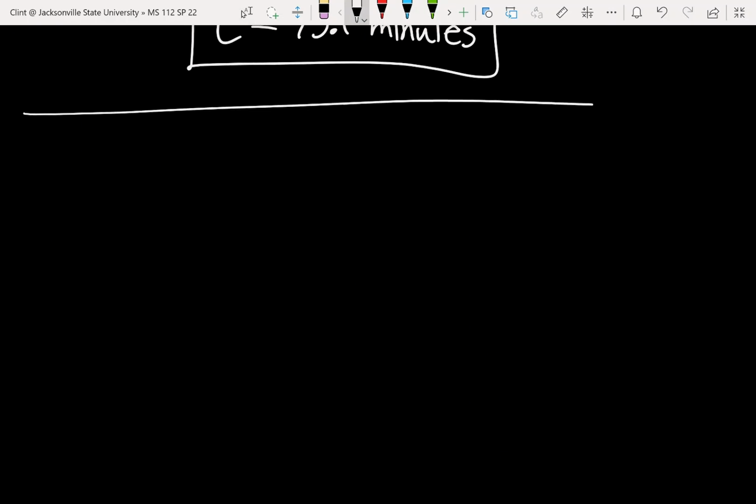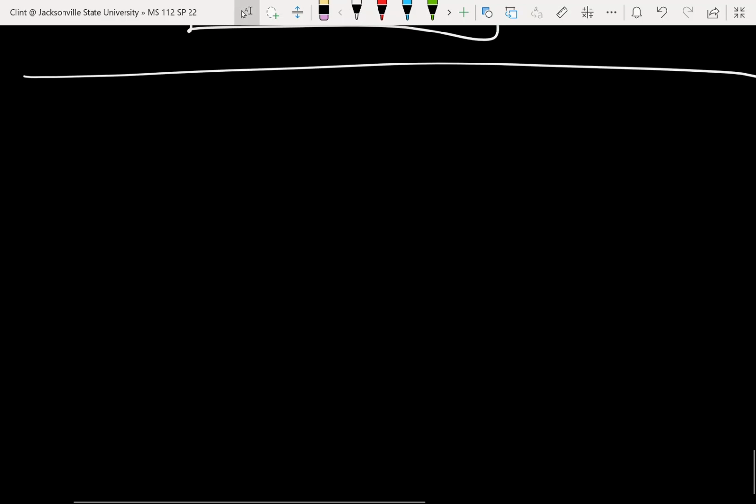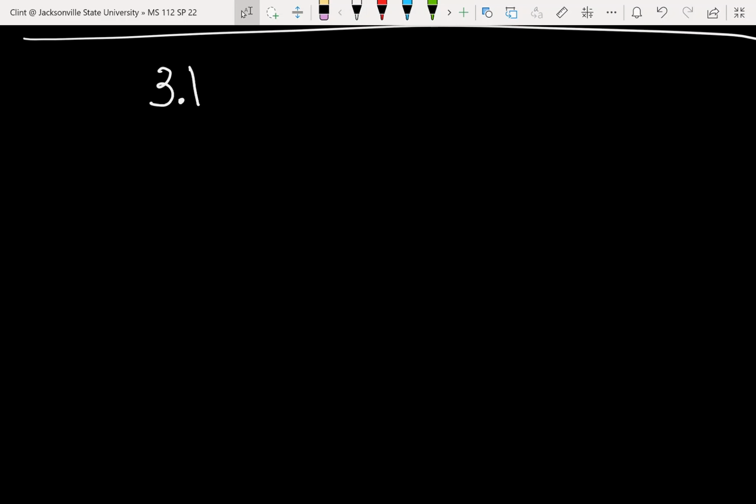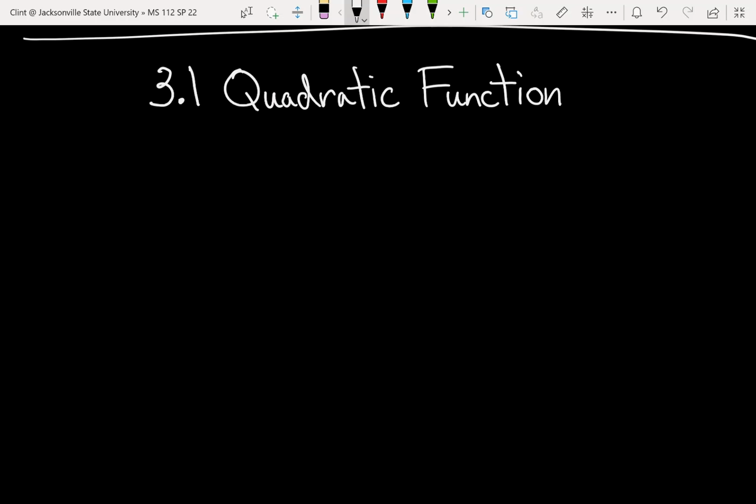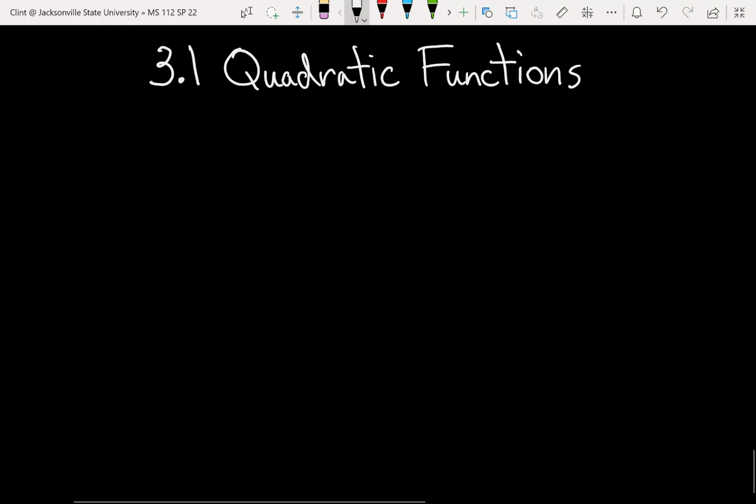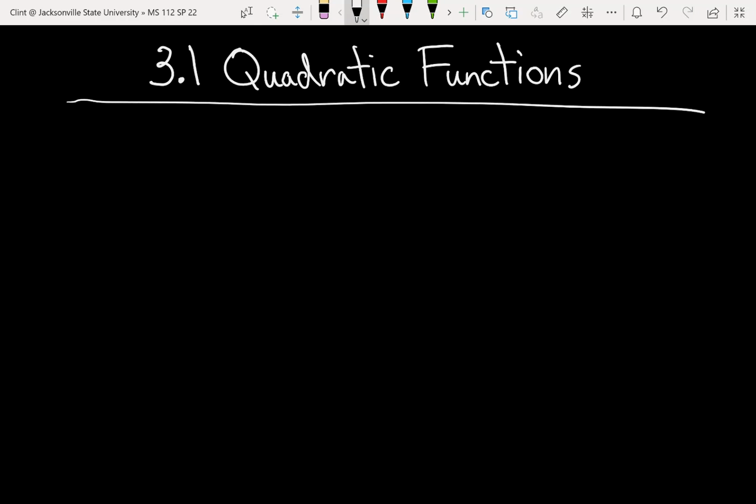Okay. So next section, last one that we'll put on test 2. 3.1, still dealing with functions, but we're going to look at quadratic functions. We really only had one way that we write linear functions.